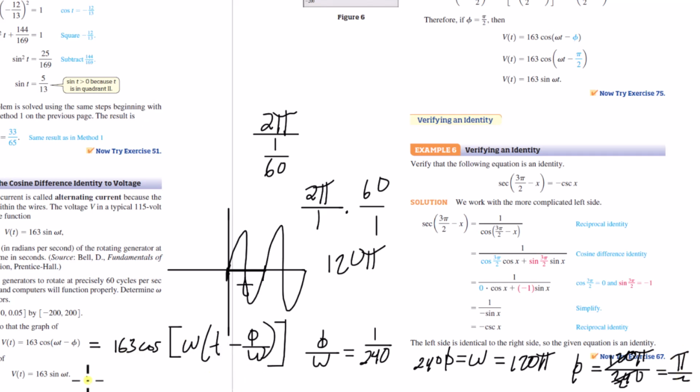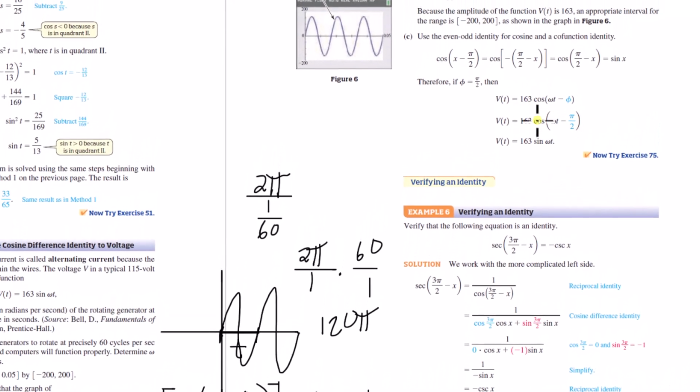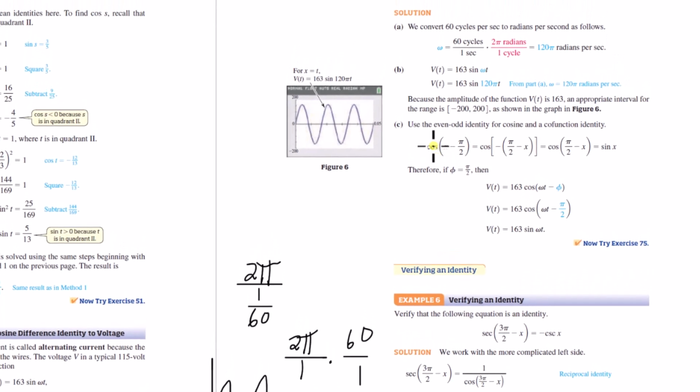Okay, that's one way of looking at it, but the other way, which is what they wanted us to do, if this was confusing to you, go through what we learned in the previous chapter, going through the graphs of the sinusoids and the other trig functions. But the other way they do it is they use the difference identity.